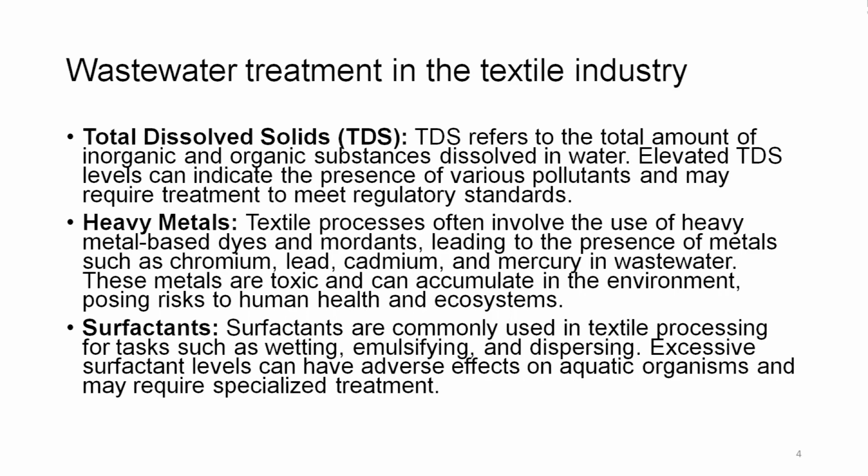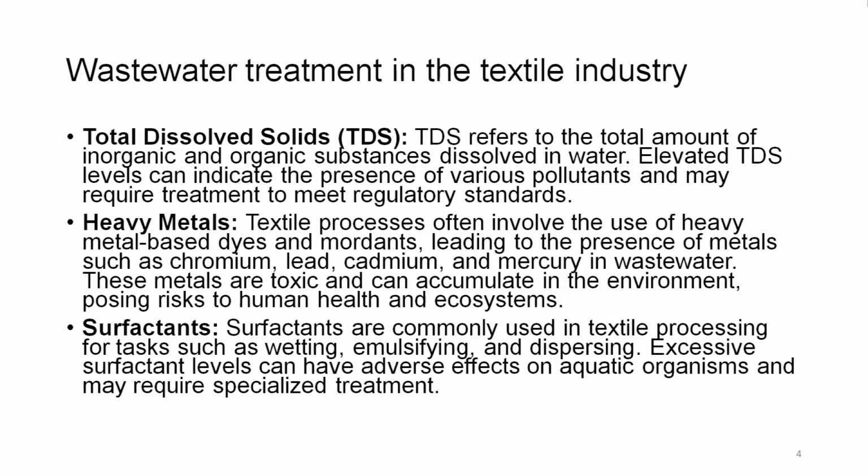Heavy metals. Textile processes often involve the use of heavy metal based dyes and mordants, leading to the presence of metals such as chromium, lead, cadmium and mercury in wastewater. These metals are toxic and can accumulate in the environment, posing risk to human health and ecosystem.